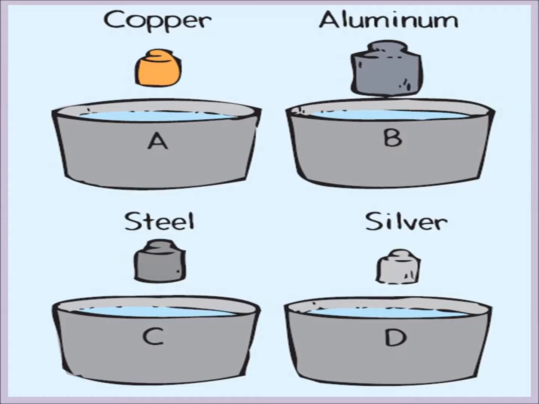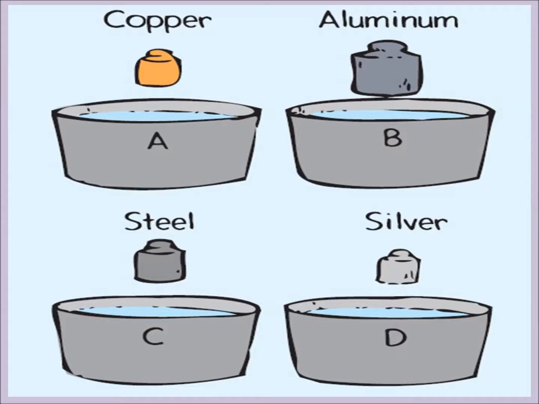So that should be what we're going to base this on. So the substance with the greater specific heat capacity will be first, and then the one with the least specific heat capacity will be last. So let's look at the specific heat capacities as are listed in the table in the following slide.